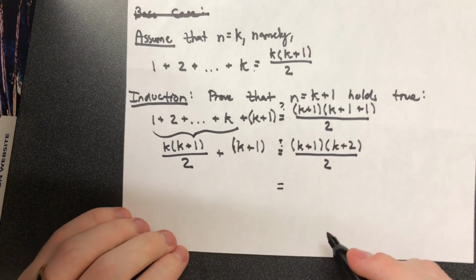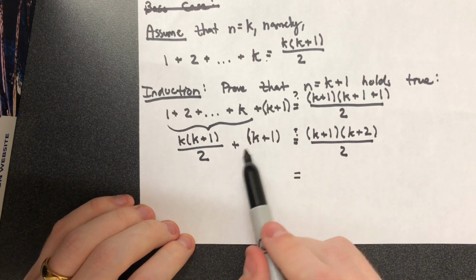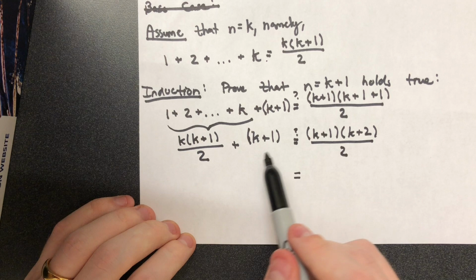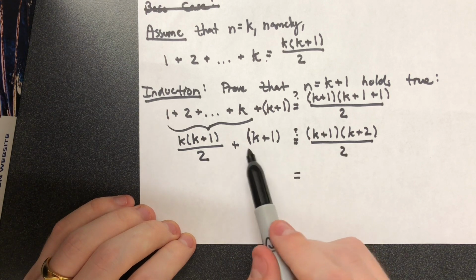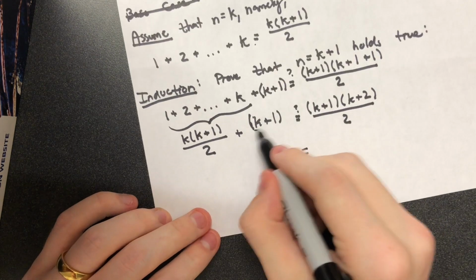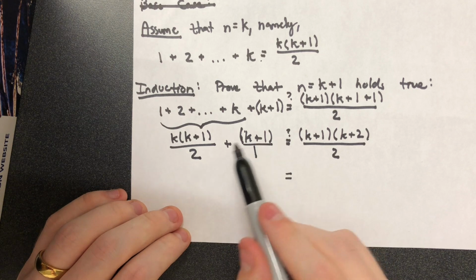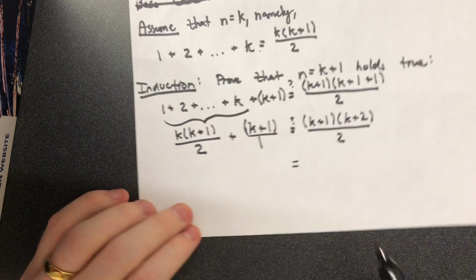From there, we need to add these two terms together. In order to do that, we need to find the greatest common denominator, which in this case, this is just over 1, so we'll need to multiply both terms by 2.